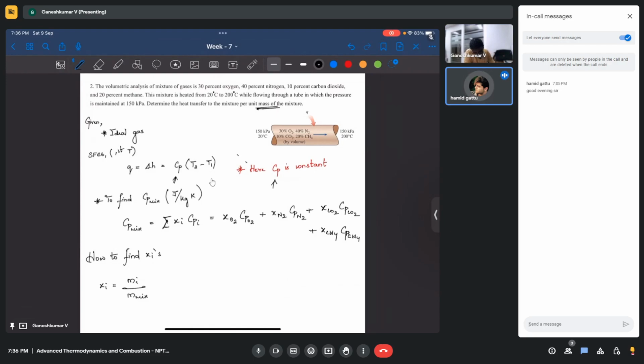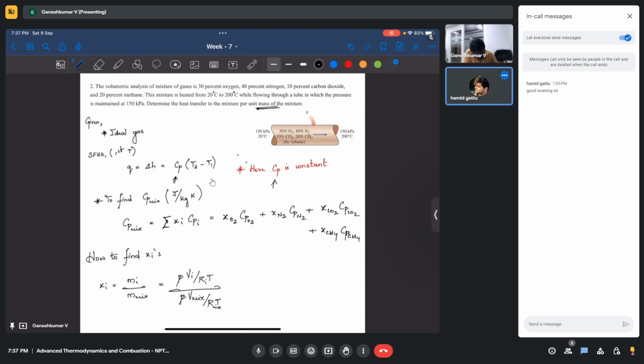So I think we can use the ideal gas equation for each component. It's going to be PVi by RiT, and for the mixture, P V mixture by R mixture T. Here it's going to be Ri, here it's going to be R mixture, right?